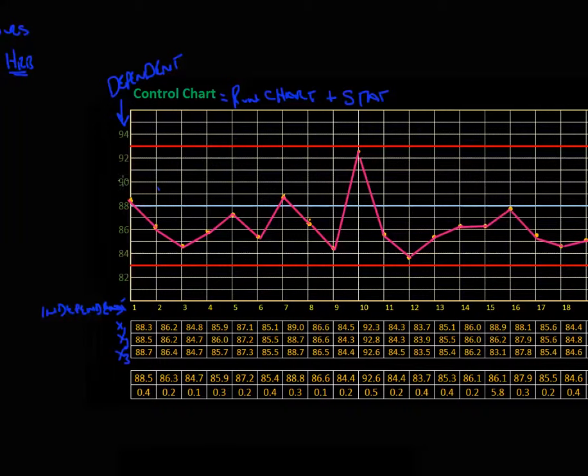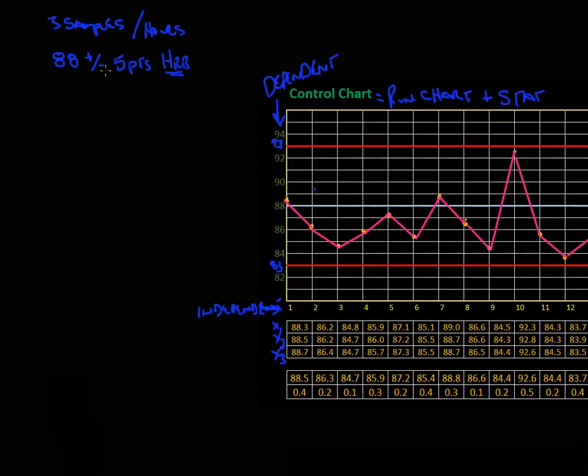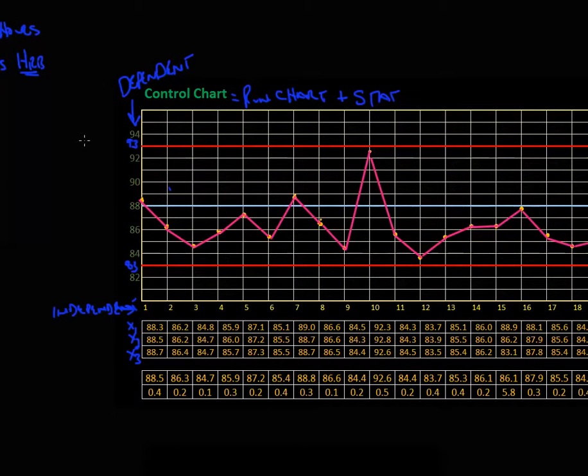So we have 93 and 83. That represents, back from our specification, 88 plus 5, 88 minus 5 is 93 and 83 respectively. So that represents our upper specification limit, lower specification limit, USL, LSL. These are important abbreviations in SPC, statistical process control.